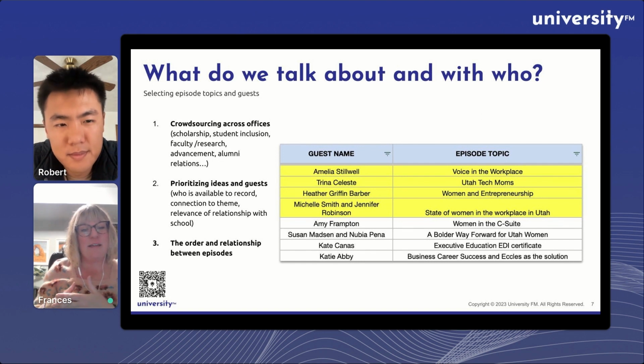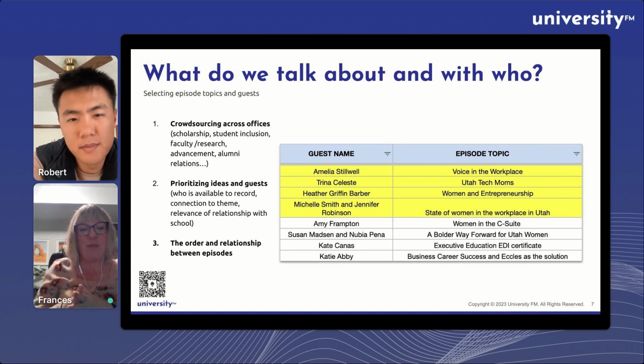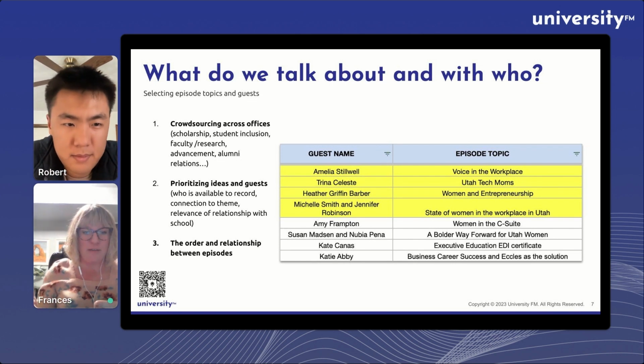Out of Susan Madsen's research and her Leadership Institute, she developed a plan in conjunction with the governor's office called A Bolder Way Forward. And so instead of talking so much about the problems, we focused that episode on what is in the Bolder Way Forward plan and how we can move forward and make progress.